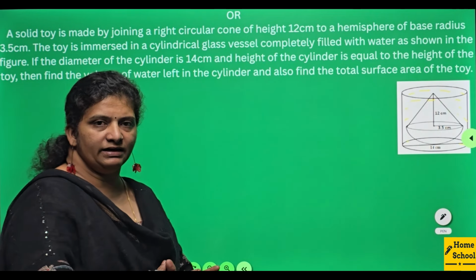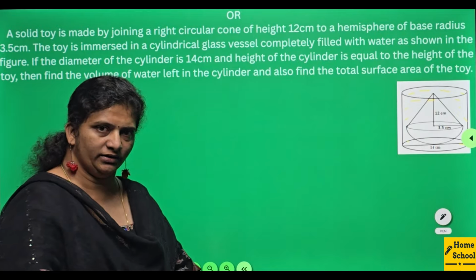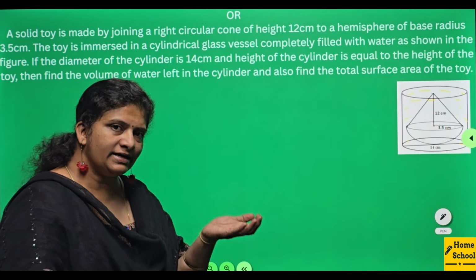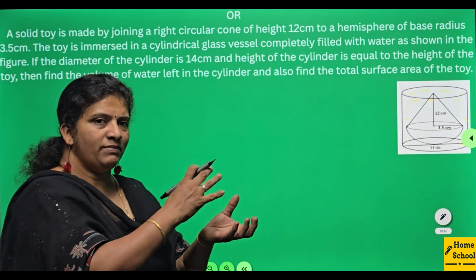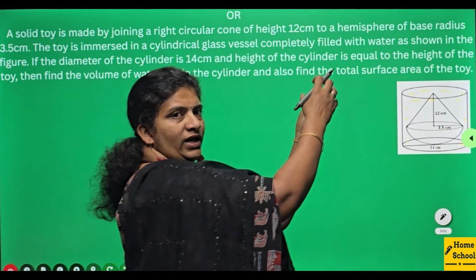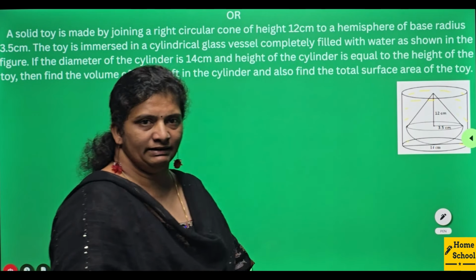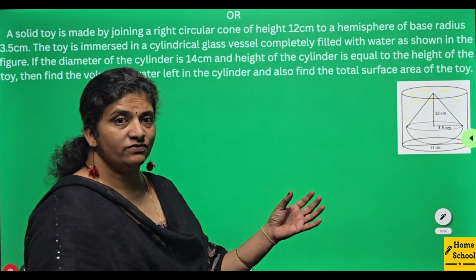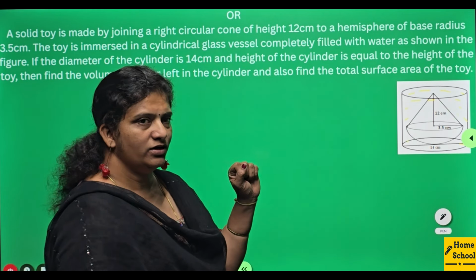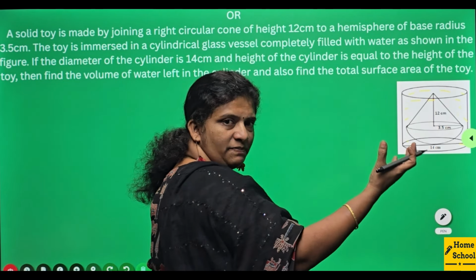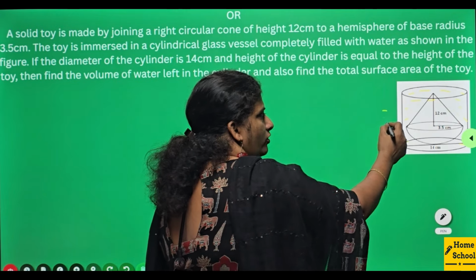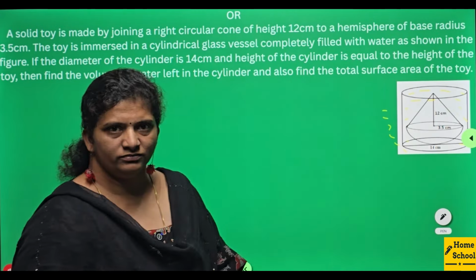There is a cylinder fully filled with water. Okay, and there is a hemisphere and on top of it there is a cone. Hemisphere and a cone fully immersed in a cylinder which is fully filled with the water. So what happens? When you immerse hemisphere and cone, some amount of water is thrown out, right?